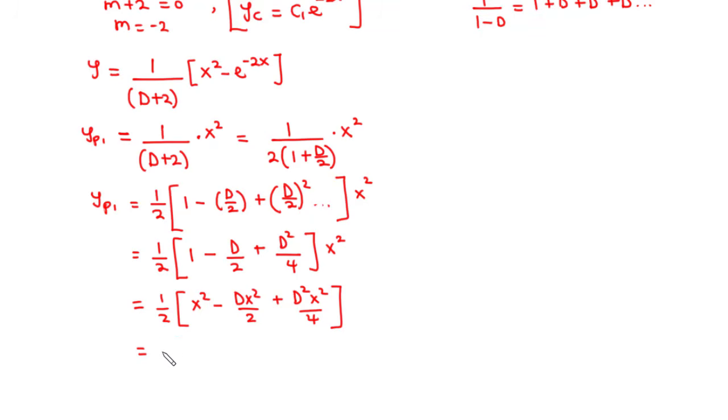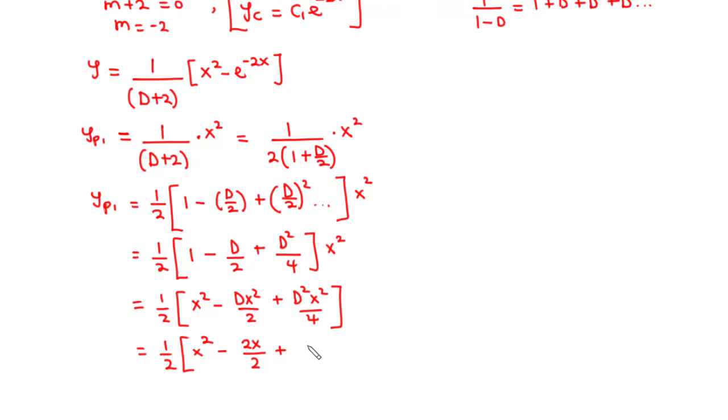So let's simplify this. We have 1 over 2 times, in brackets, x squared minus. Now this means that you want to differentiate x squared once. When you differentiate x squared once, you have 2x. So 2x over 2, plus d squared x squared means that you want to differentiate x squared twice. When you differentiate x squared once, you have 2x. When you differentiate 2x, then you have 2.